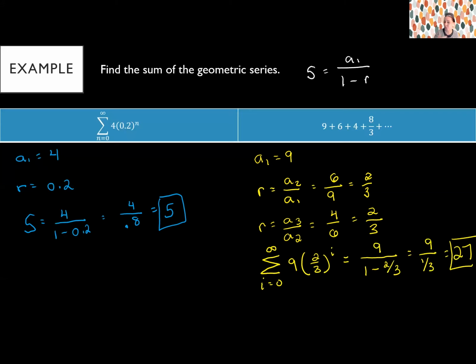You don't need to do both, but do one or the other to show what the series looks like, because you're not given the series in that question. You're told kind of how to create it, but you're not just given the formula. So either write out the pattern or put it in summation notation, and then from there you can find the sum.